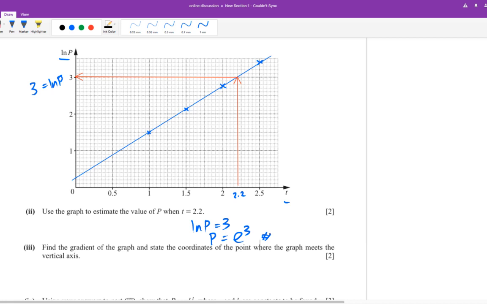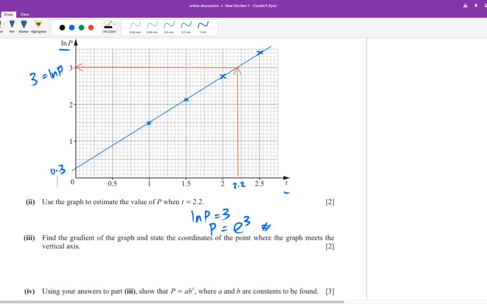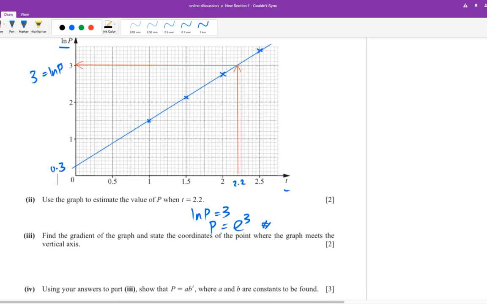Okay, that's all. Find the gradient of the graph and state the coordinates of the point where it meets the vertical axis. The intercept is always around 0.3. I will say it is at 0.3, and to find the gradient, you just take any two coordinates you like.